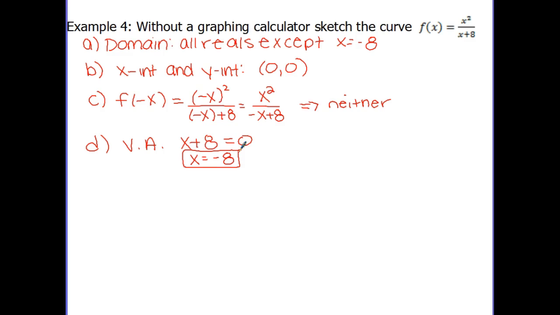So right now, I would just throw in a dashed line on my graph at negative 8. I'm doing big dashes.